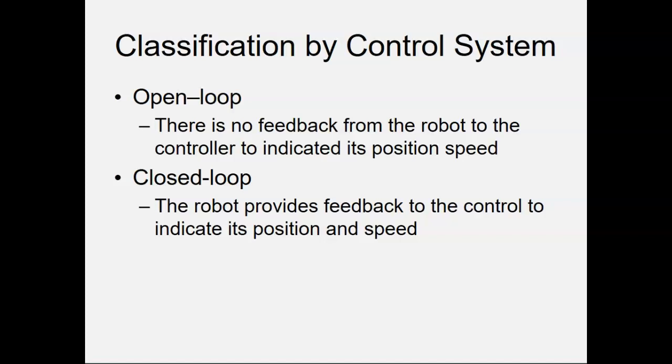Basically, it's on autopilot. Then you have closed loop. This one does have feedback. It can look at position and speed. Yes? Open loop is very low intelligence or low technology.